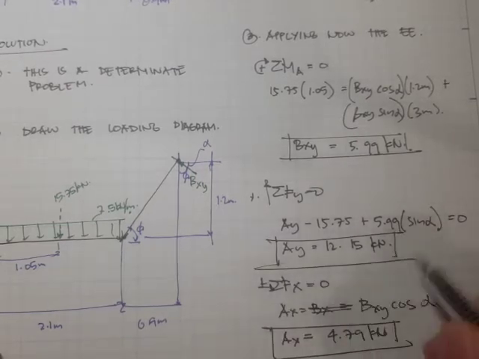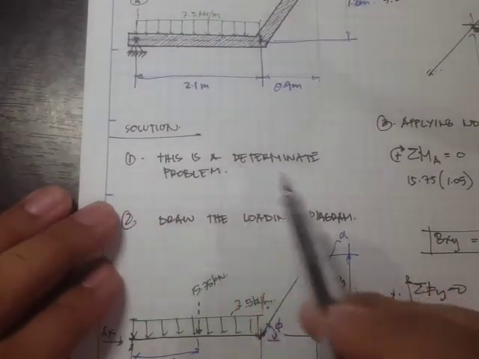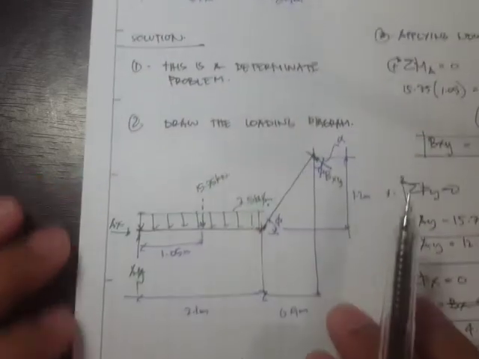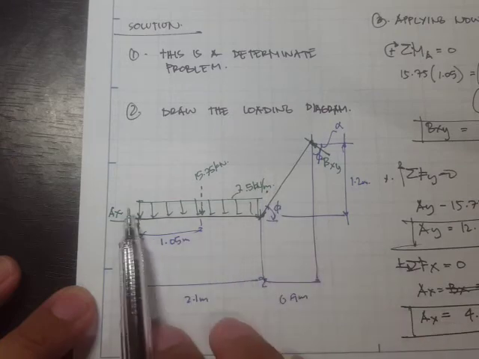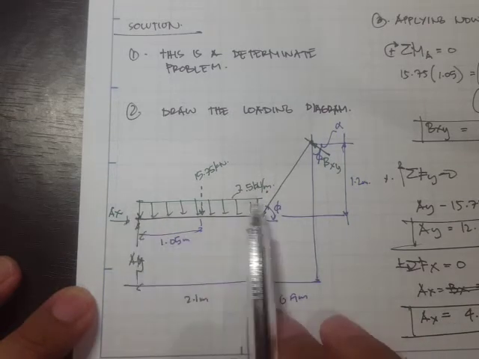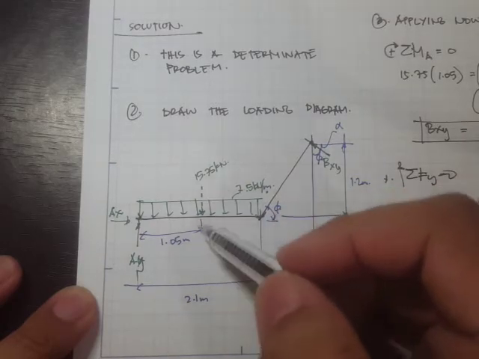Just for review, what we did is we first check if the problem is determinate, and then we draw the loading diagram to expose the loads. If we have distributed loadings, we can express them in terms of their resultant force.